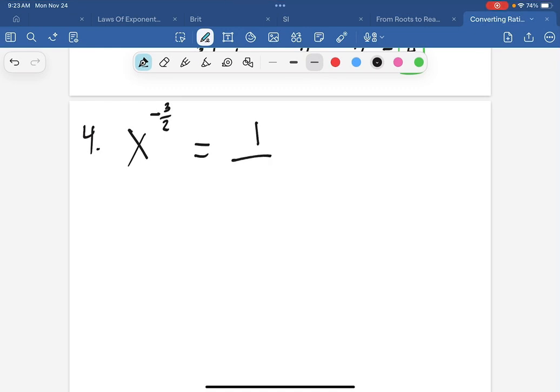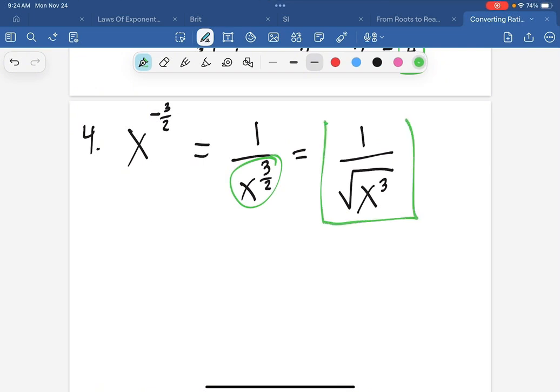So this would be 1 over x raised to, again, our negative 3 over 2 would become positive. And then this is the time in which you could convert this part into radical. So this would become 1 over the square root of x raised to 3. So yeah, this is our final answer.